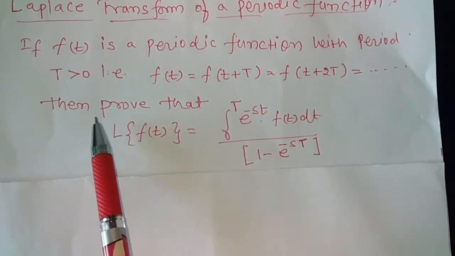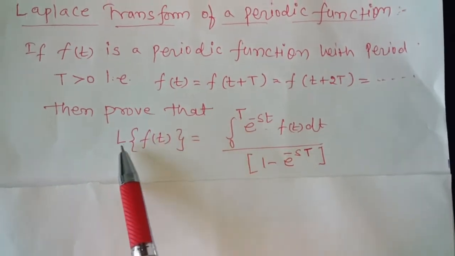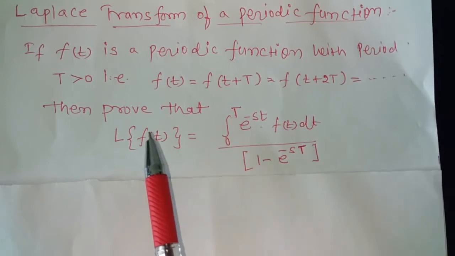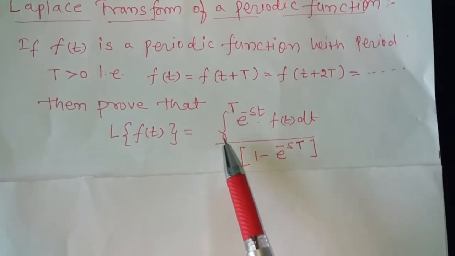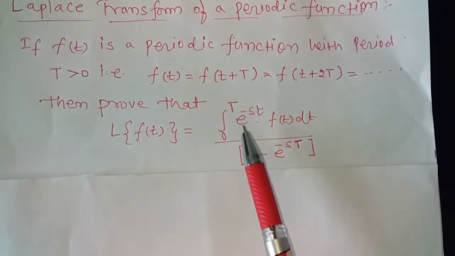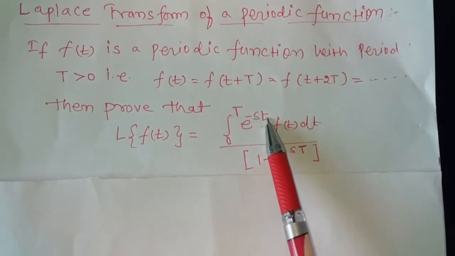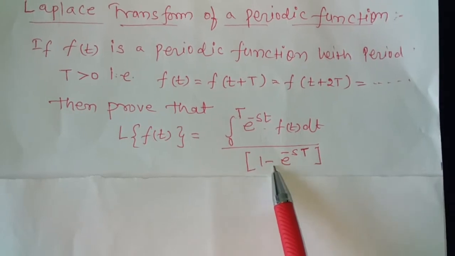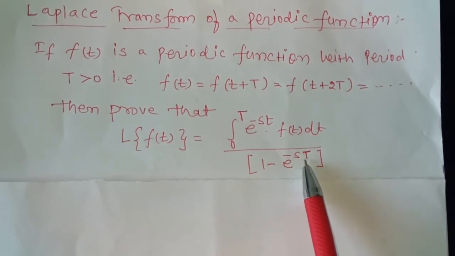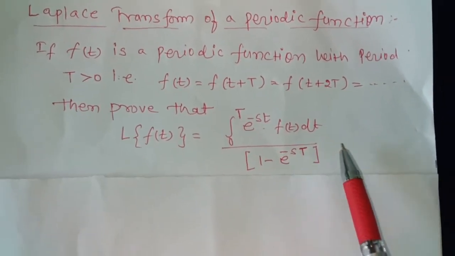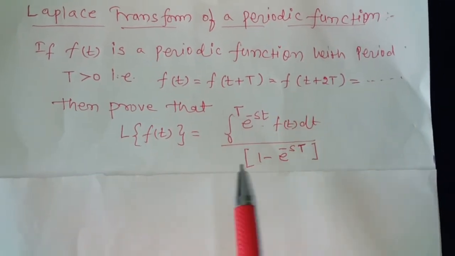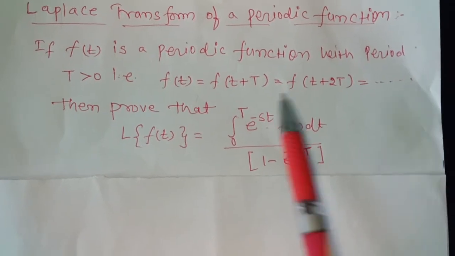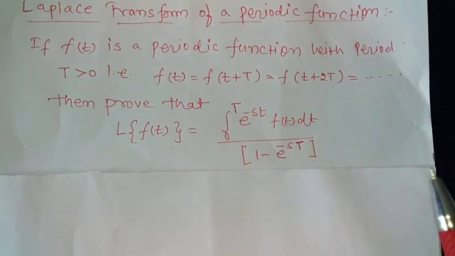Then prove that the Laplace transform of such a periodic function f(t) is the definite integral from 0 to T of e^(-st) f(t) dt divided by 1 minus e^(-sT). So this is the Laplace transform of a periodic function. We have to establish this relation.